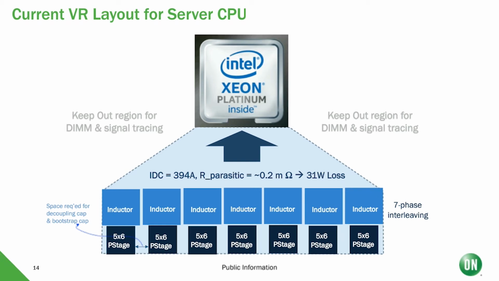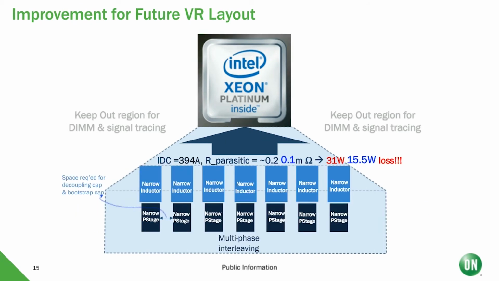What we can do is work with inductor vendors to come up with narrower inductors, and at the same time also consider improving our packaging technology so that we can put the FETs with the same amount of performance in a narrower package, maybe narrower but taller, or narrower or longer. This way we can move our total solution closer to the CPU and reduce this parasitic resistance by about 50% or more, and that translates to much lower loss.